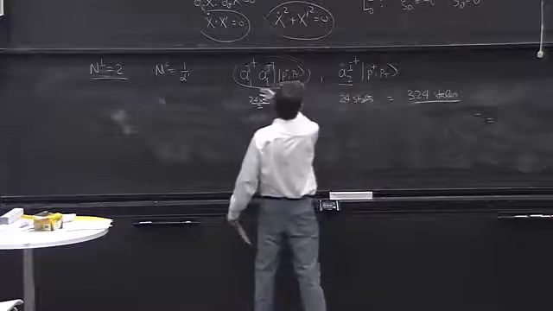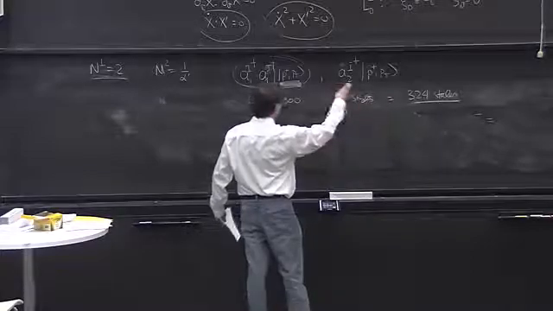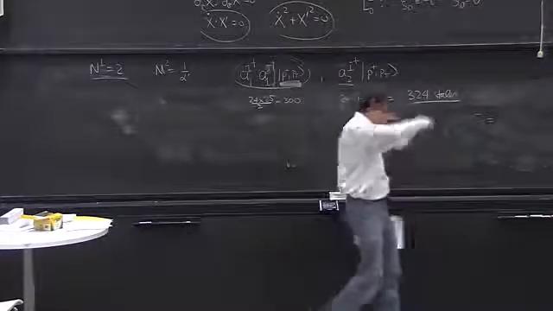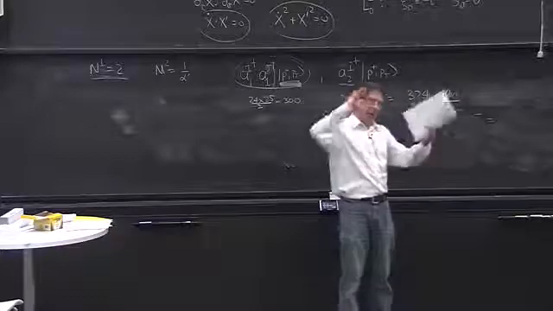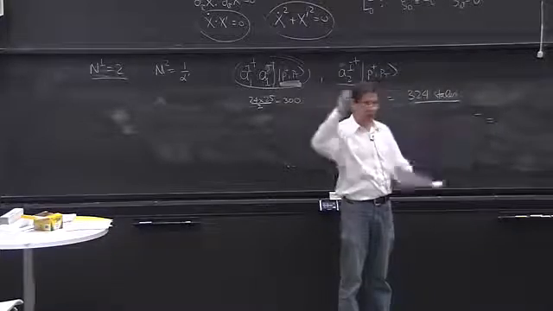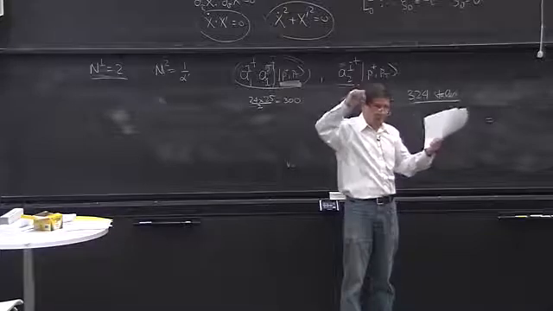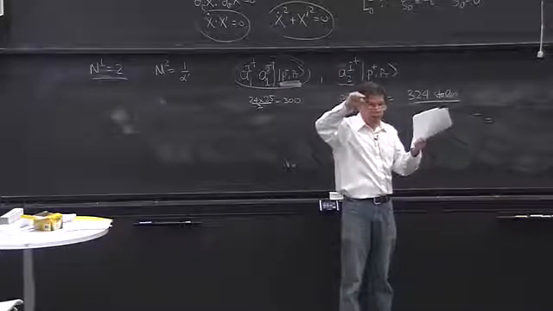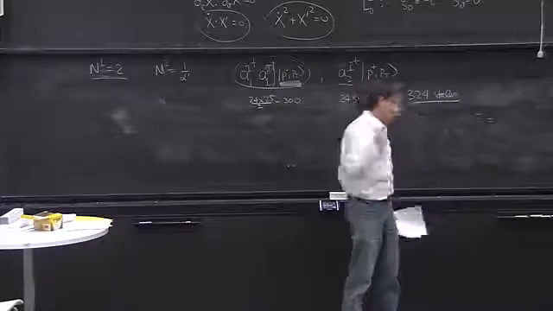This is really computing for you the content of a single string. A single string can appear to be a photon, a tachyon, a Maxwell field, a fermion if it's a superstring. But a single string is one particle. So we are building the one particle states.